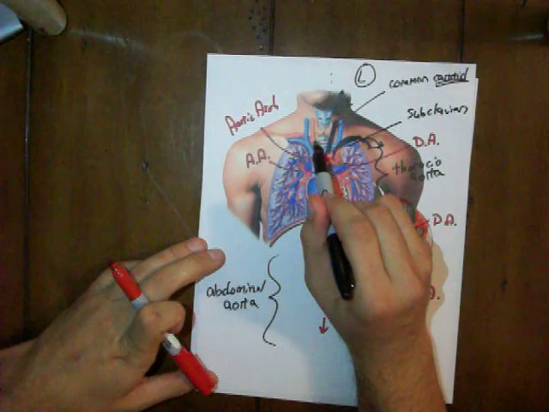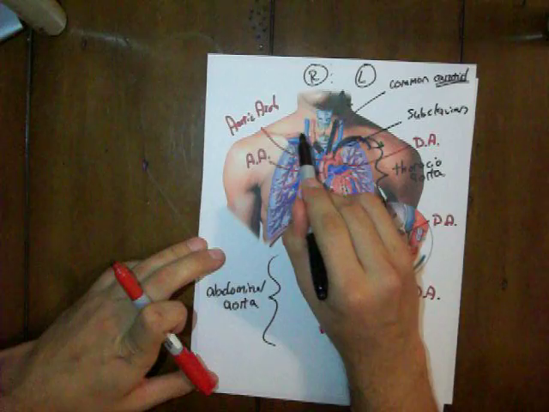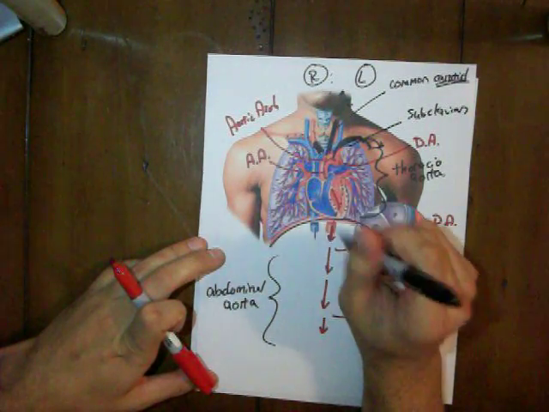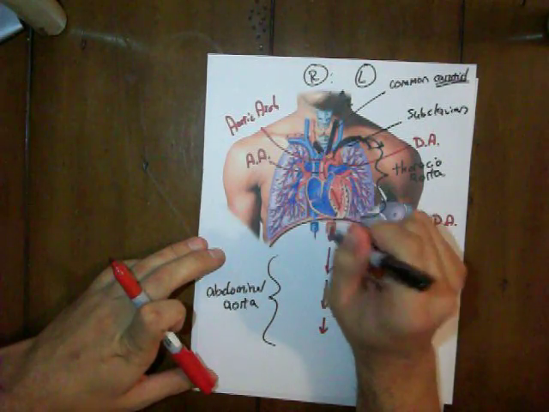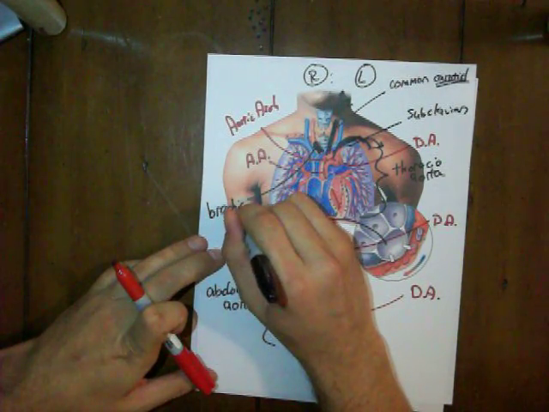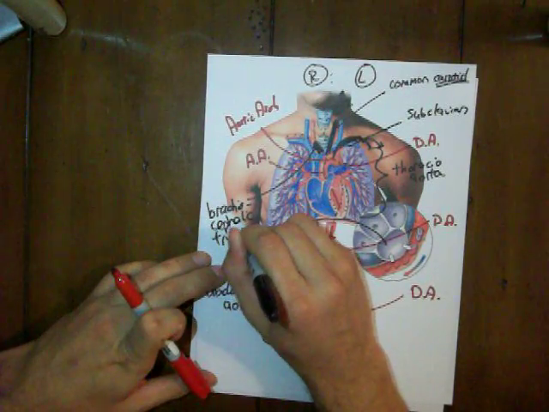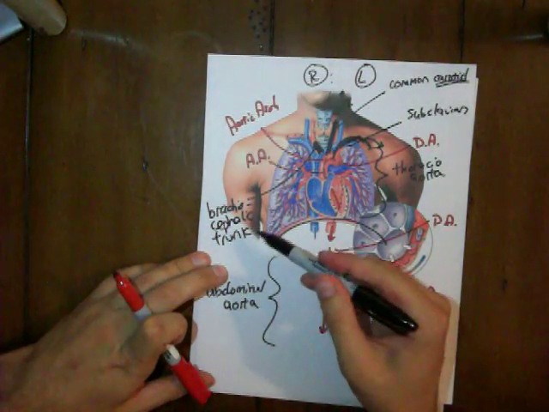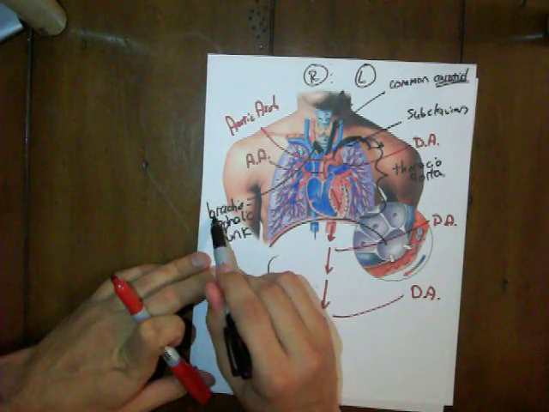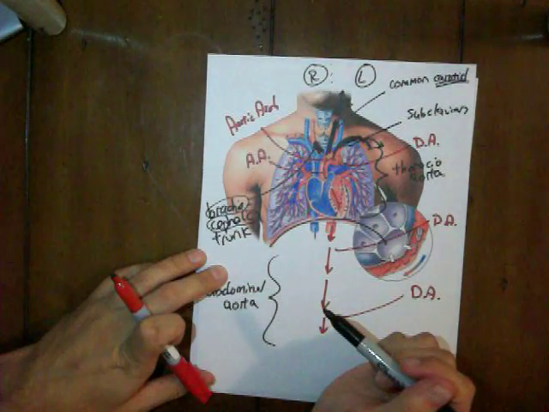And here on the right side now, we can see this will split. And anytime we have a split, we know that this must be called a trunk. And indeed, this is the brachiocephalic trunk. And this is a great name because one branch of this trunk will go to the arm and one will go to the head, which are what those words mean.